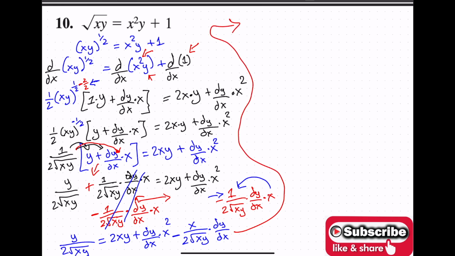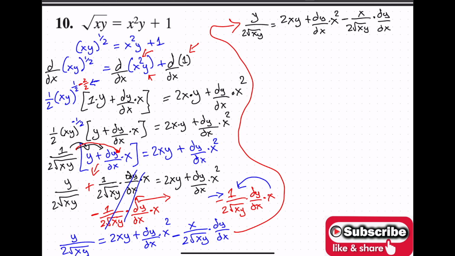Just to continue here, I'm going to rewrite it, so just bear with me. So we have y over 2 square root of xy equal to 2xy plus dy/dx times x squared minus x over 2 square root of xy times dy/dx.